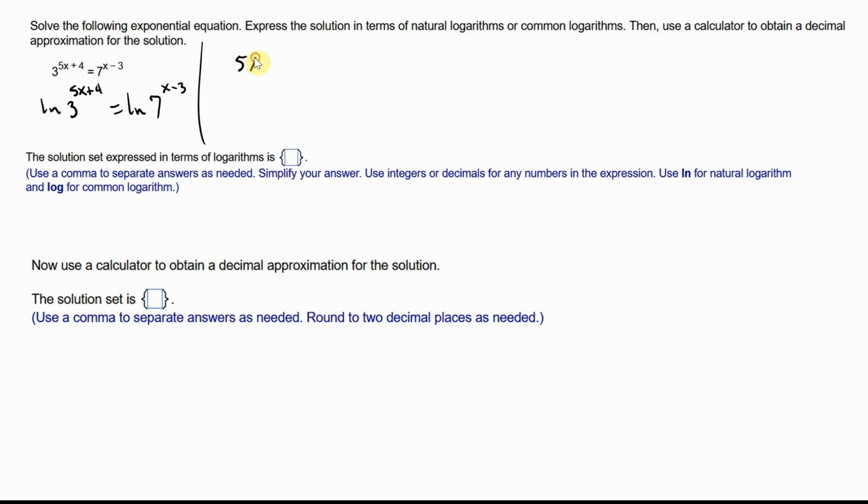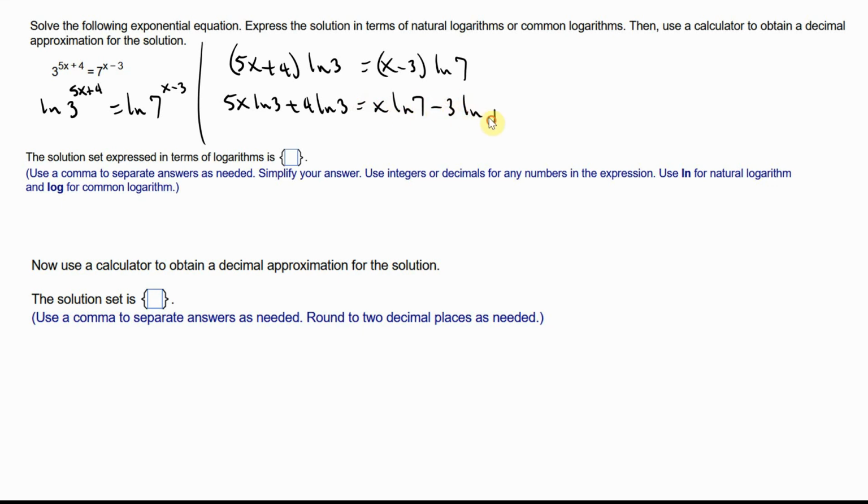So this is 5x plus 4 in parentheses, because it's an expression, times the natural log of 3 is equal to x minus 3 in parentheses times the natural log of 7. Here the goal is to solve for x, get x by itself. So again, it's just algebra. We're going to clean this up. It's going to distribute. This is 5x times the natural log of 3 plus 4 times the natural log of 3 is equal to x times the natural log of 7 minus 3 times the natural log of 7.